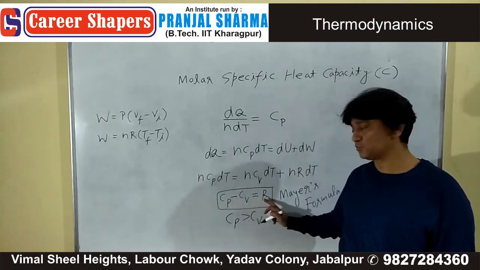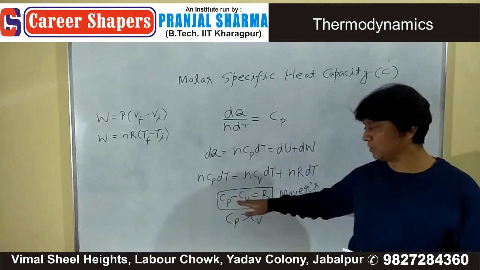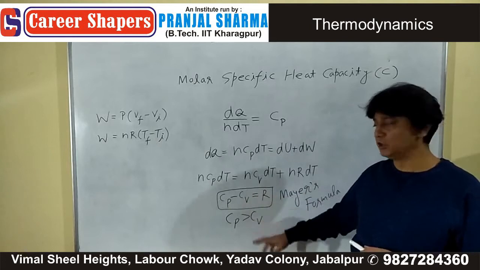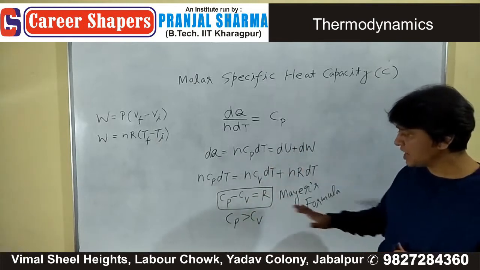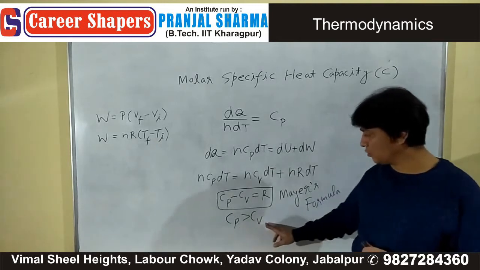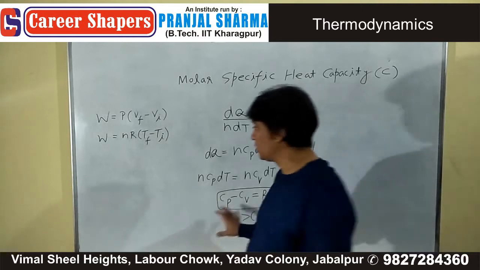And that difference is R. And after some time, this equation will also help us in finding values of Cp and Cv for a given system. As of now, remember that Cp is always greater than Cv and the difference is equal to R. This is called Mayer's formula.